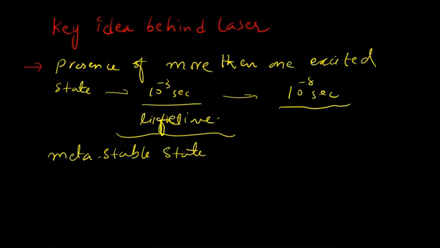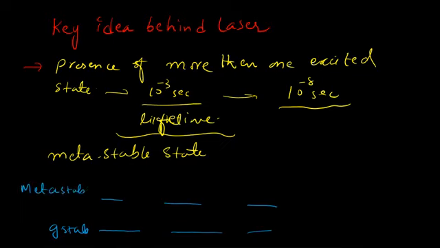Here we can show it like this. This one is our ground state, and above the ground state we have the metastable excited state, and above the metastable excited state we have the excited state. Suppose first we have an electron in the excited state.